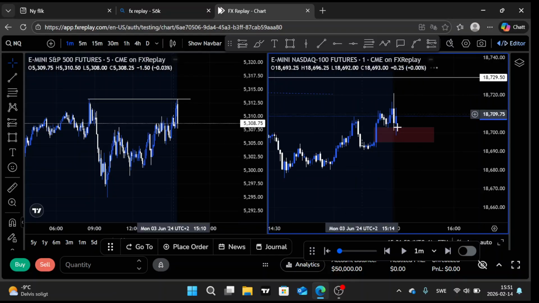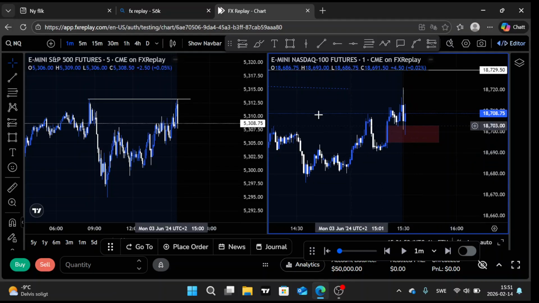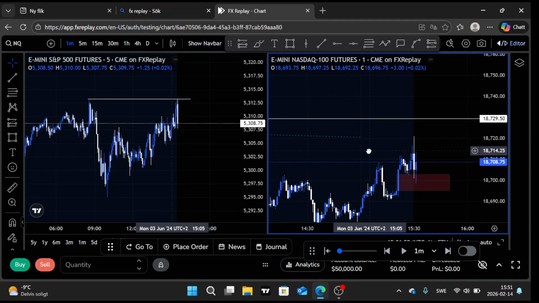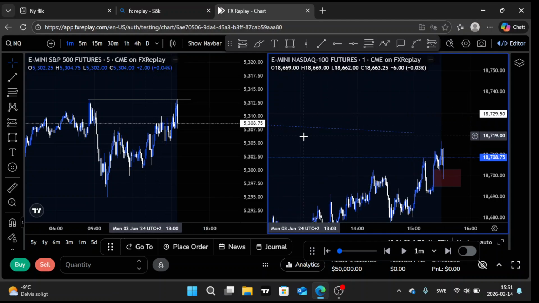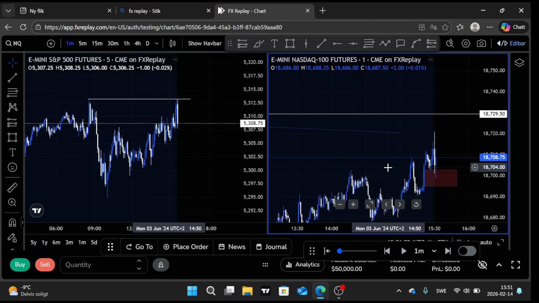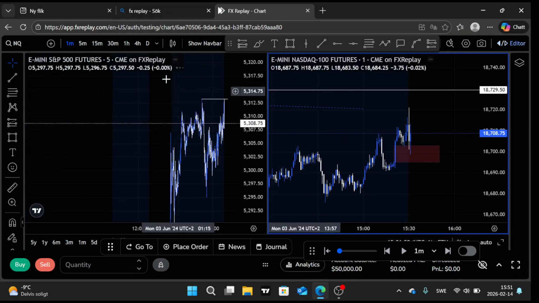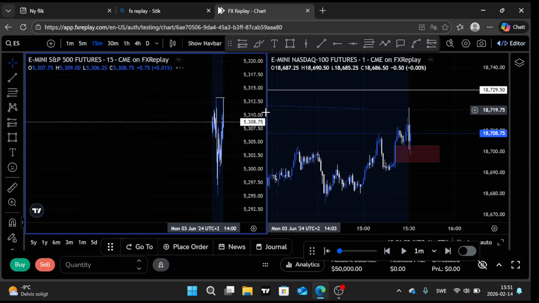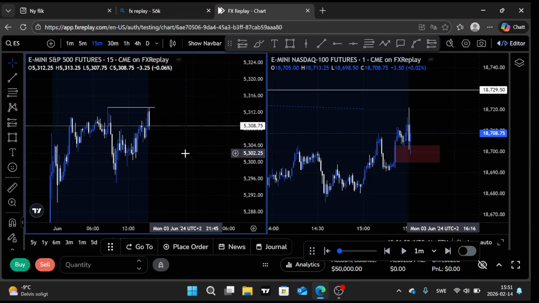So we go down to 1 minute and see what the market does. We still have bearish SMT though, and exactly, so I need to go on the 15 minutes again to see what happens.